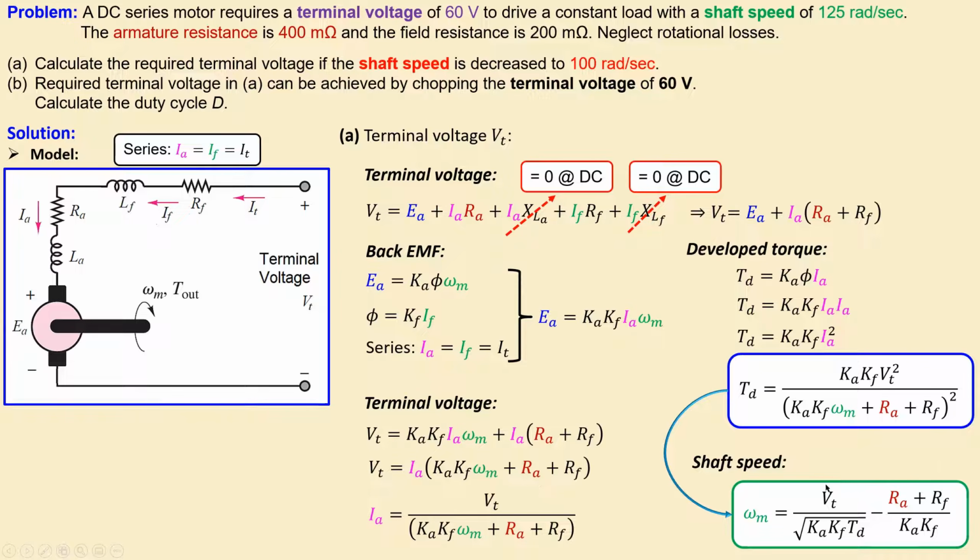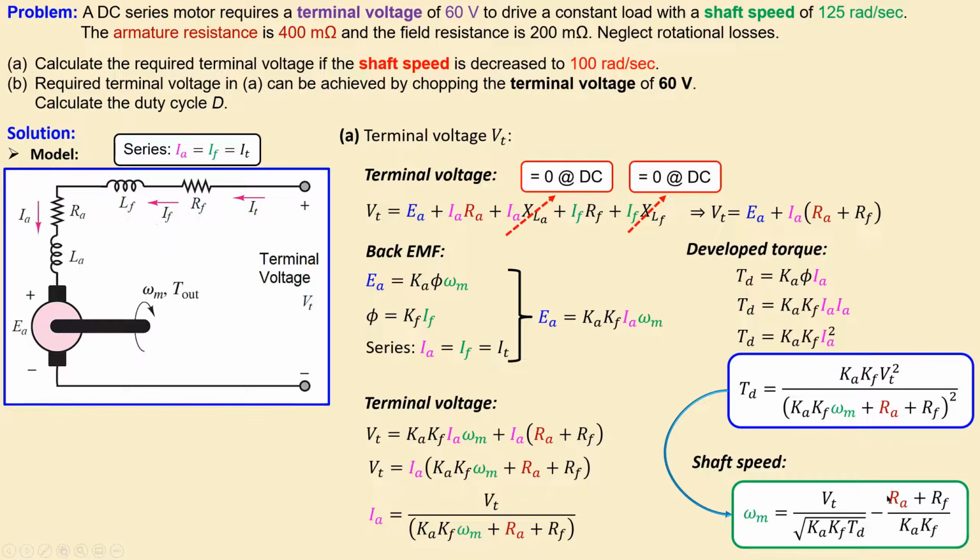What you see here is V_t, the terminal voltage, over the square root of the product of the two constants and the developed torque, minus the sum of the armature resistance and the field resistance over the product of the two constants again. But in most cases, the armature and field resistance together will be very, very small. In this case, it is just 0.6 ohms together.